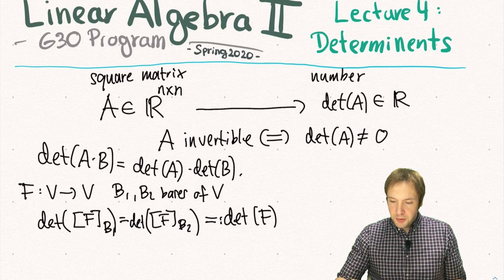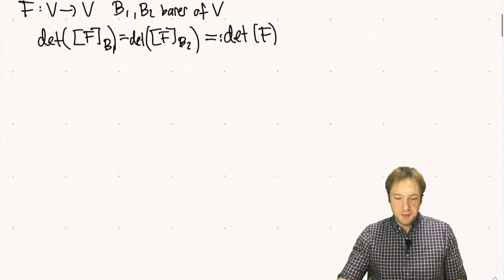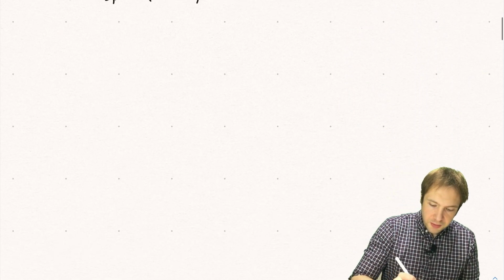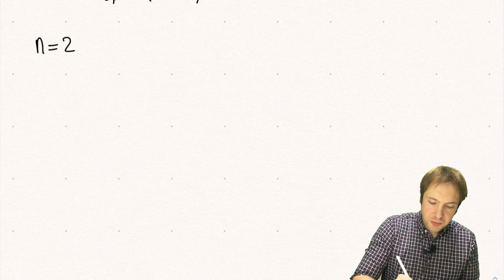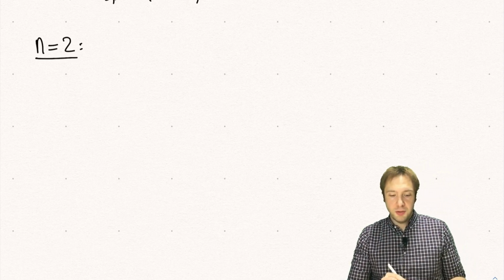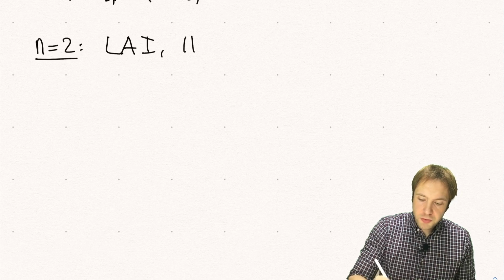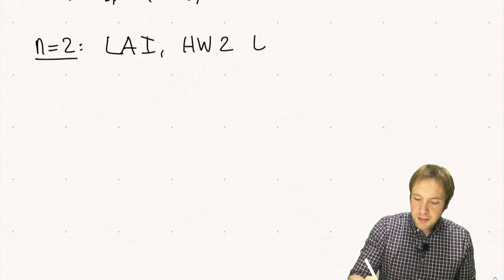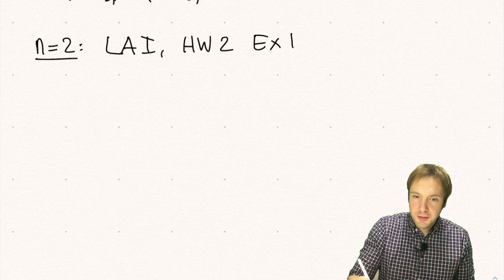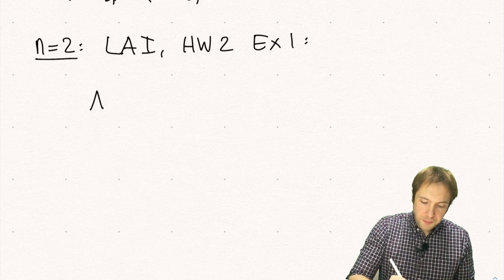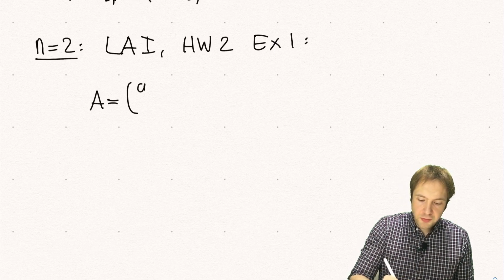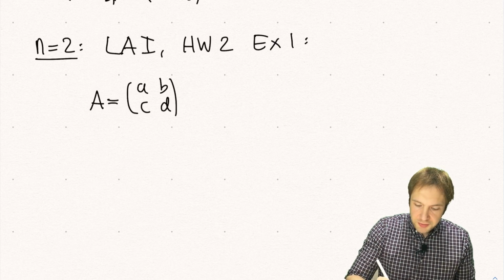But first, you already saw determinants in linear algebra 1. So in the case n equals 2, meaning if we had 2 by 2 matrices, in linear algebra 1, in homework 2, exercise 1, you showed the following. There we had the 2 by 2 matrix A, B, C, D, and you showed it's invertible.